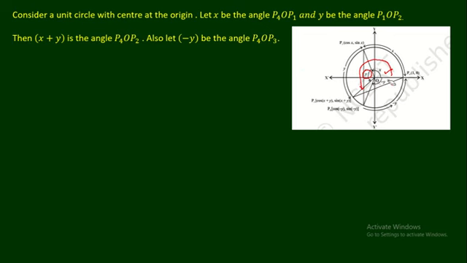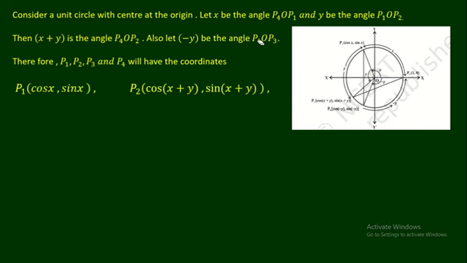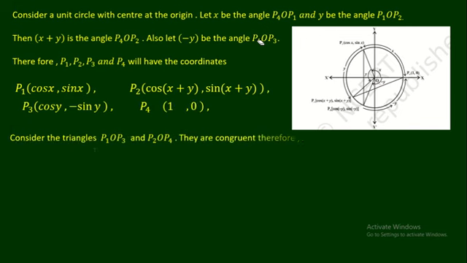The same picture I am explaining in words. You need to write in the answer sheet. Then P1, P2, P3 and P4 will have the coordinates that you can see on the diagram, as well as you need to write in the explanation part. P1 coordinate, P2, P3 and P4.